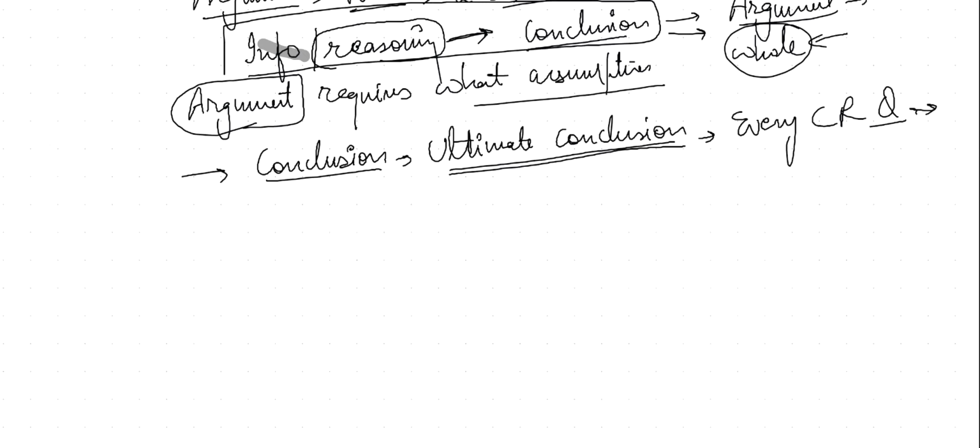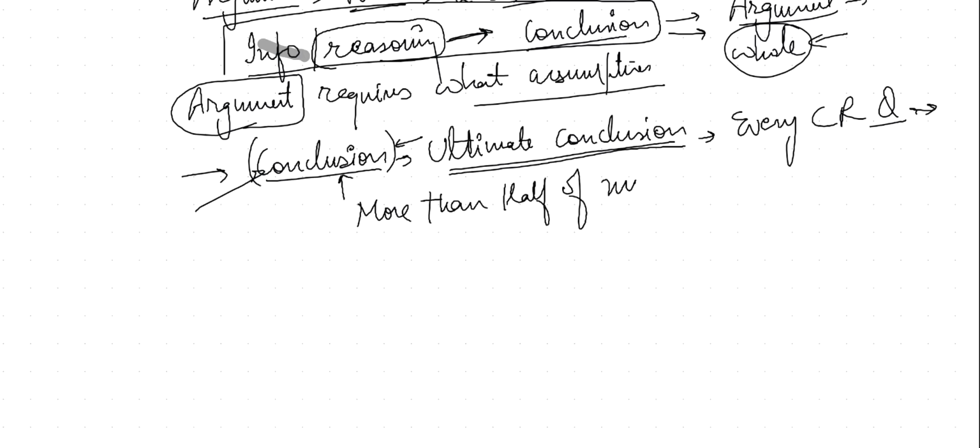That is something that we have to be very clear about. If we understand the conclusion correctly, more than half of your mistakes would be taken care of if you do just this one thing, if you just stick to what is the final conclusion.